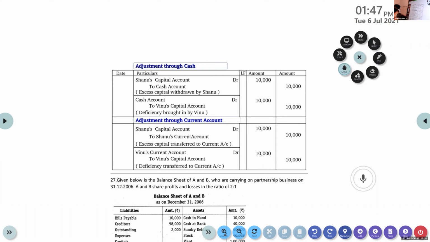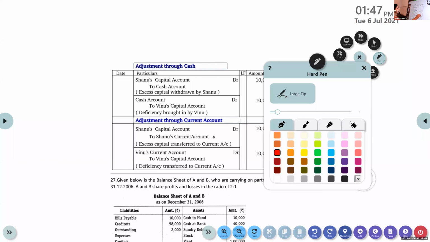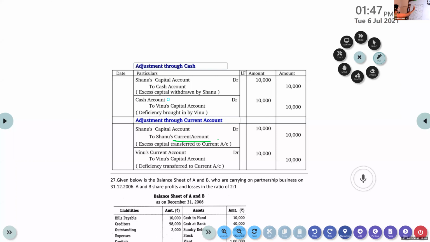Now the same thing, adjustment through current account. Here the change is that instead of cash account, you have to write current account. The entry is the same. Instead of cash account, it becomes current account. Shanu's capital account debit to Shanu's current account.